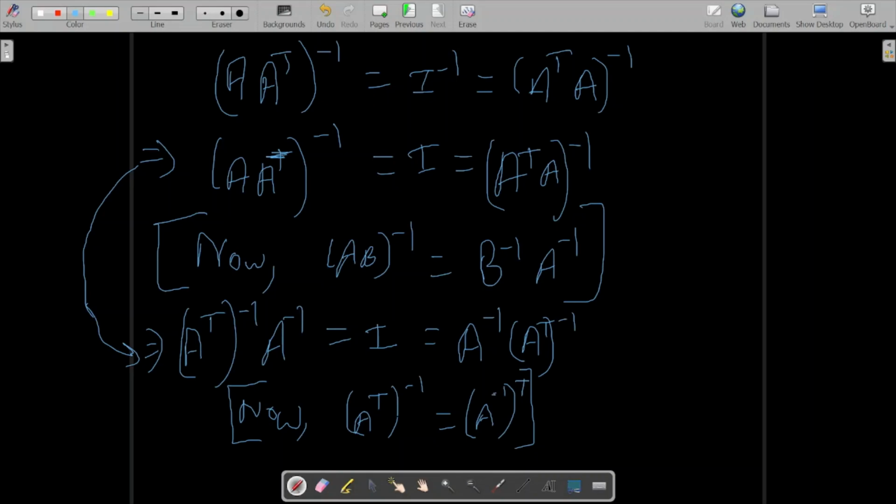Now there is one more property, that A transpose inverse is equal to A inverse transpose. Applying this, the transpose sign will come here and the inverse sign will go there.